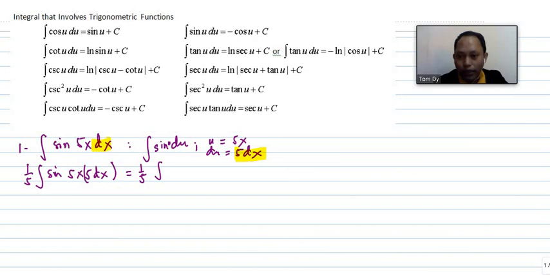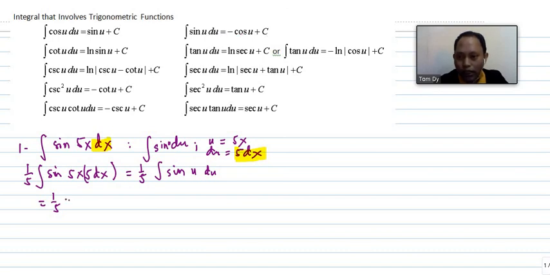That will serve as our sine u, and then this 5 dx is our du. Therefore, this is 1 over 5 times the integral of sine u du, which is equivalent to negative cosine u plus c.